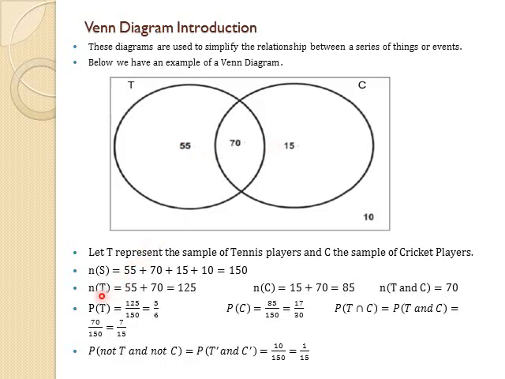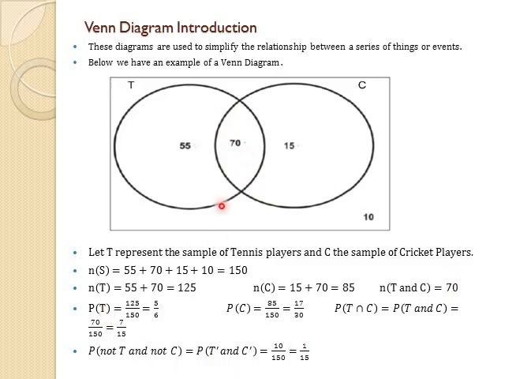Now my number of tennis players, 55 plus 70, my whole circle for T is 125. So all in all I had 125 tennis players. My number of cricket players, 70 plus 15, which gives me 85. My number of players that play tennis and cricket, the part where the two circles intersect, 70.